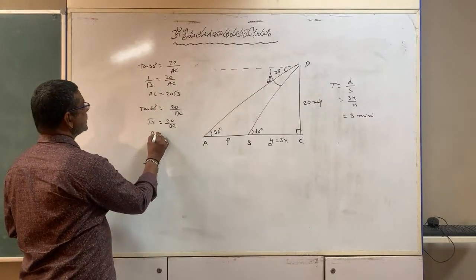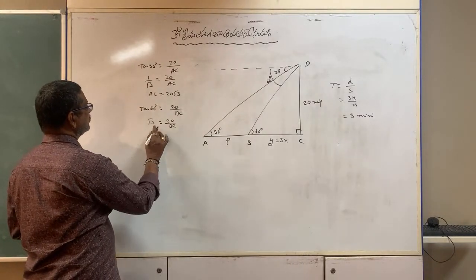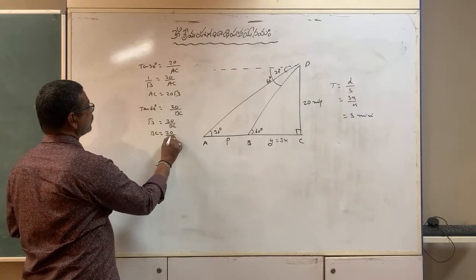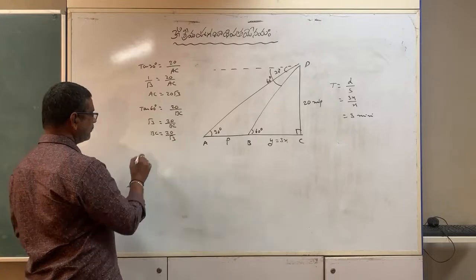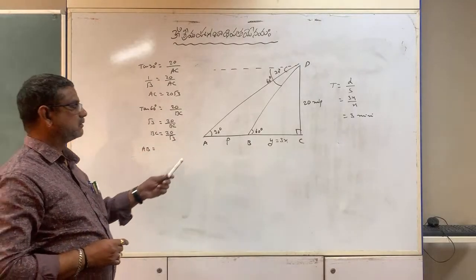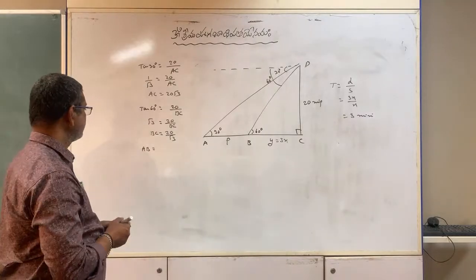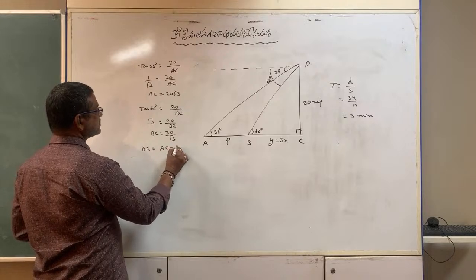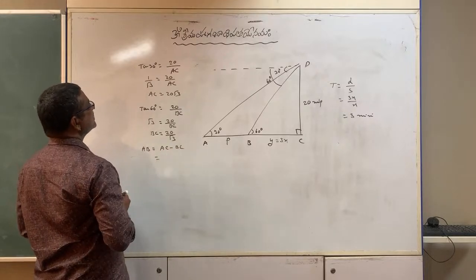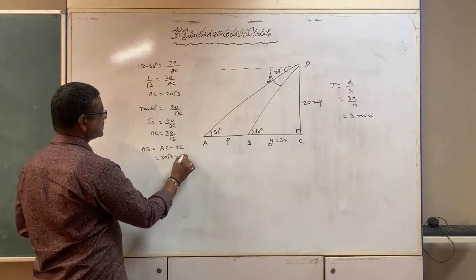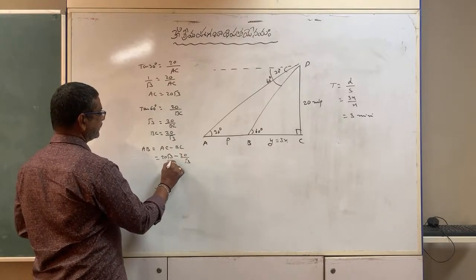Then DC is equal to 20 by root 3. Now, I want to find out AB, the distance between the two positions. That means AB is equal to AC minus DC.